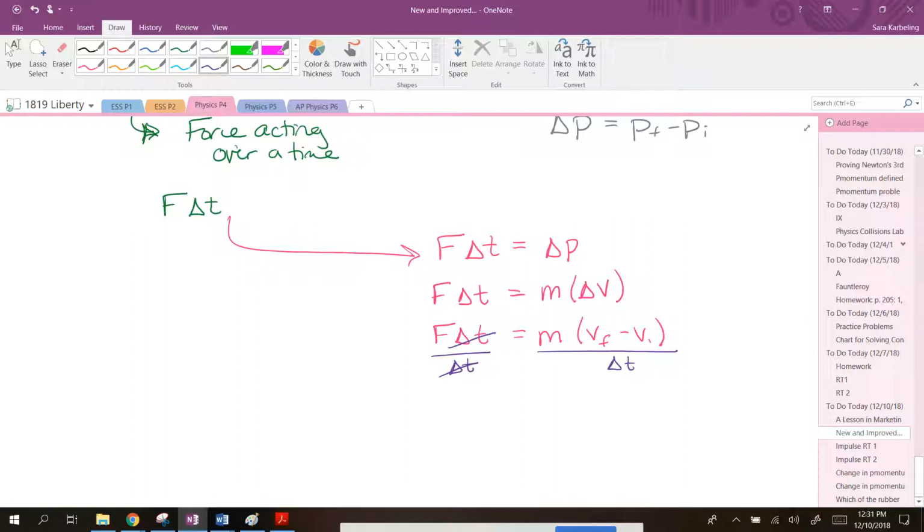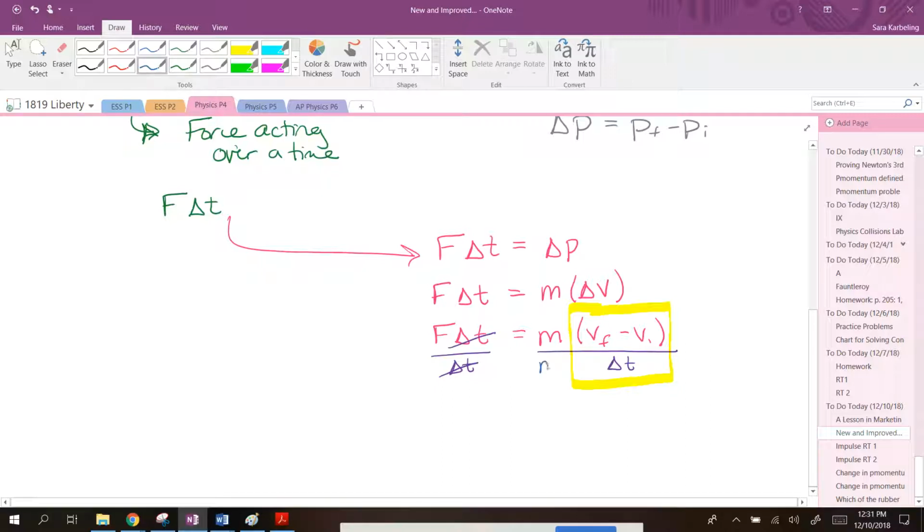And on the right-hand side, if you look critically and think about this for a moment, have you ever seen that before? Change in velocity over time? On your equation sheet, what is change in velocity over time equal? Do you remember? Or what is that a definition for? What does it mean if something's changing velocity? What is it doing? Acceleration. It's accelerating. Yeah.